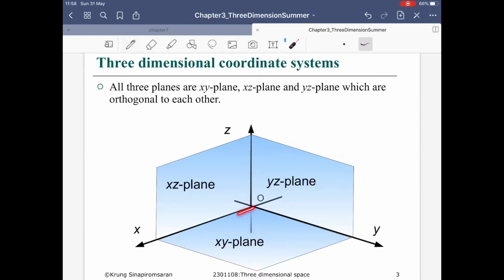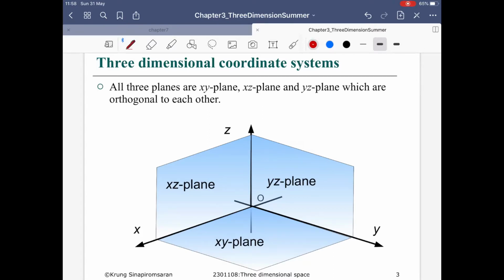So we are going to think of this one, the xy plane, as a floor, okay, and there will be several planes. For example, this one, the one according to the x and the z, is called the xz plane, and this one, the one that belongs to the y and the z axes, we call the yz plane.